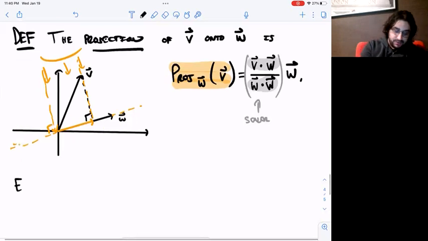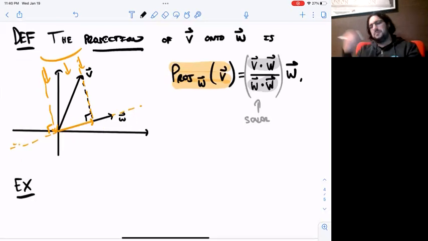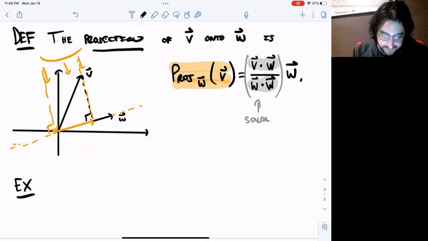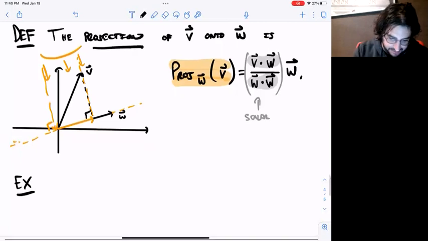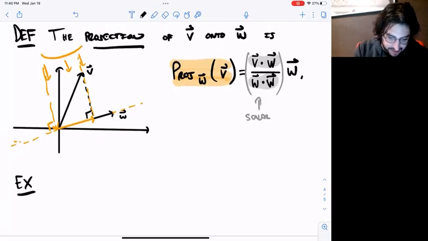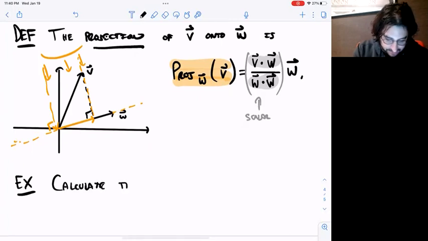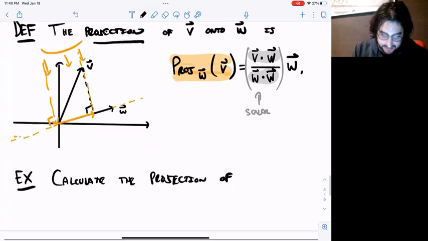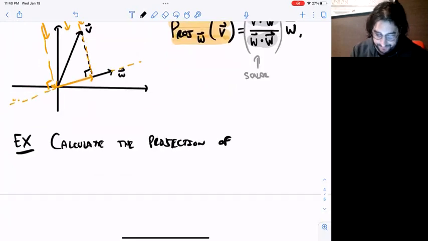Let me do just a short example of calculating projection before we prove a property of projections. So let's calculate the projection of my favorite vector from before, 5, -12.